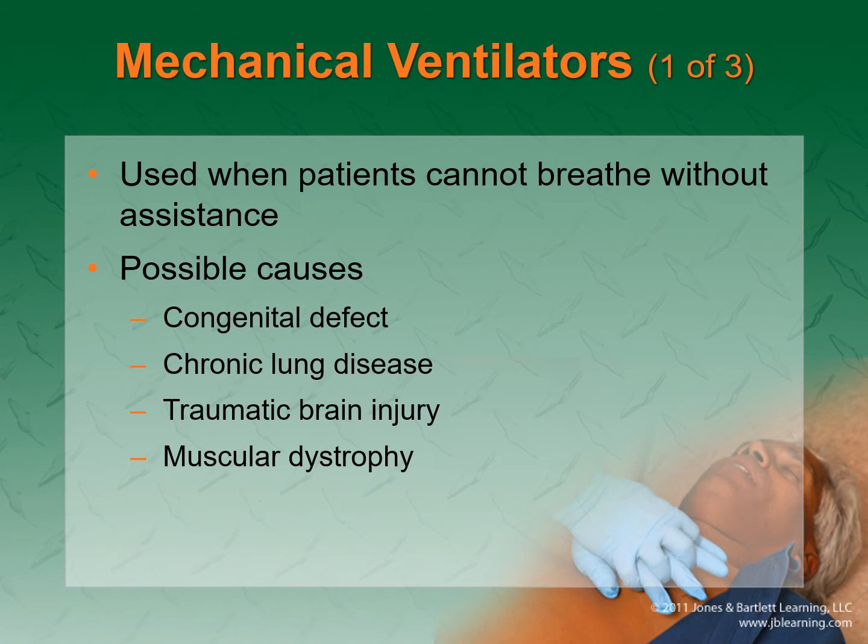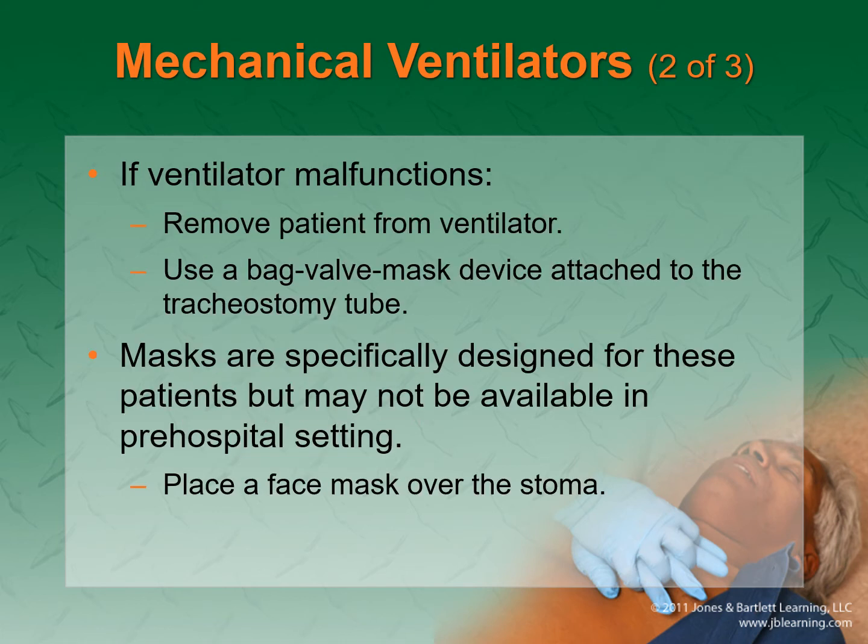Okay, mechanical ventilators. That is when the patient's breathing is actually regulated by a machine. That can happen from lung disease, congenital defects, traumatic brain injury, or a few different things. If a ventilator malfunctions, you now become the ventilator. Disconnect them from it, and now you're using the BVM.